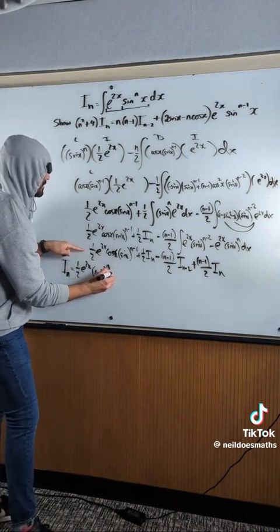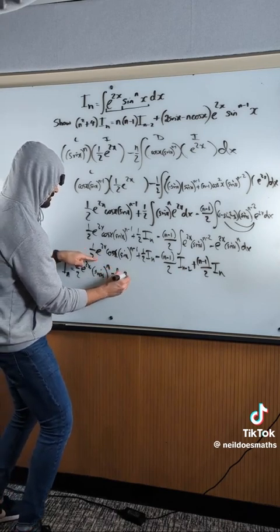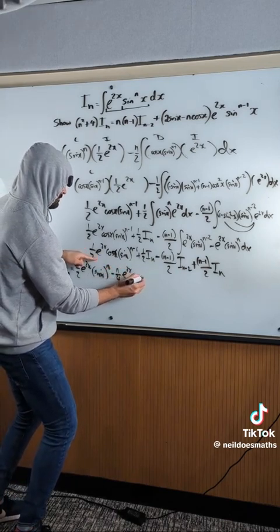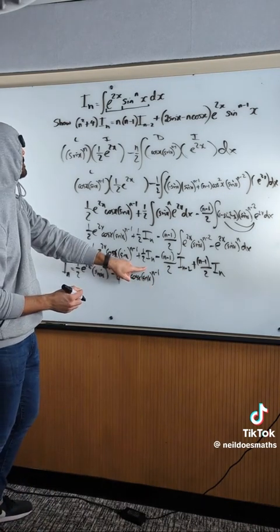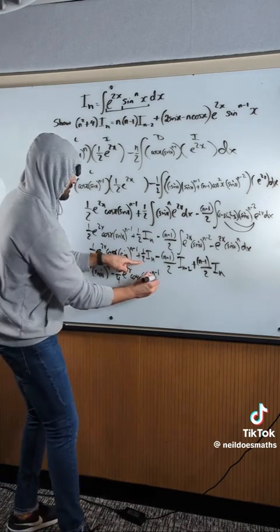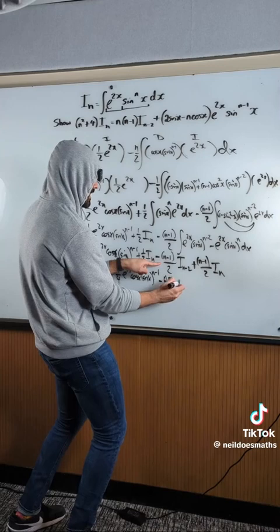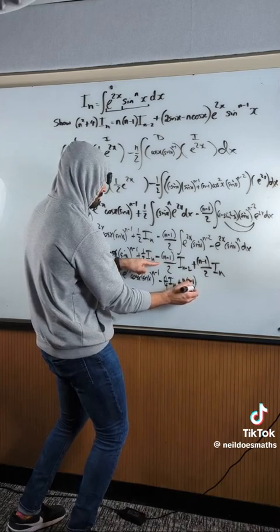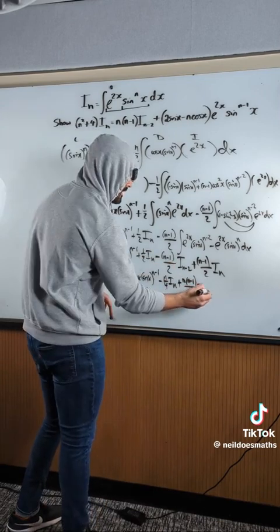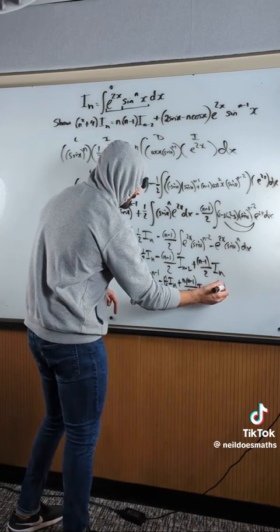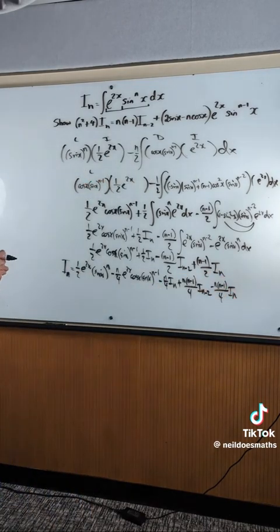Times that by minus n over 2. Minus n over 4. Hey ho, I better not have made a mistake here.